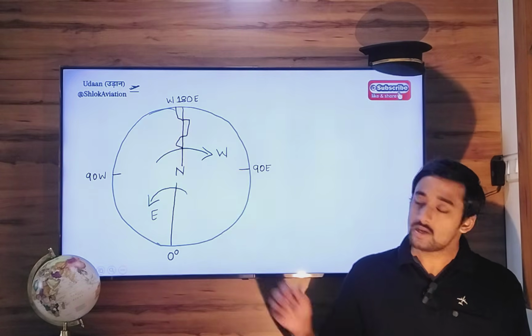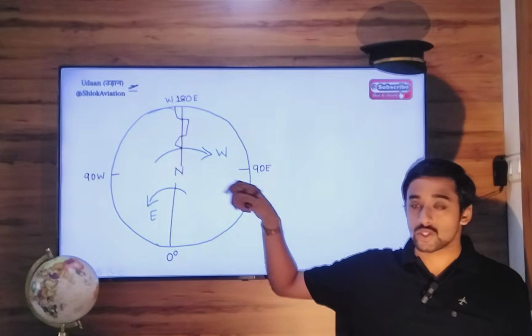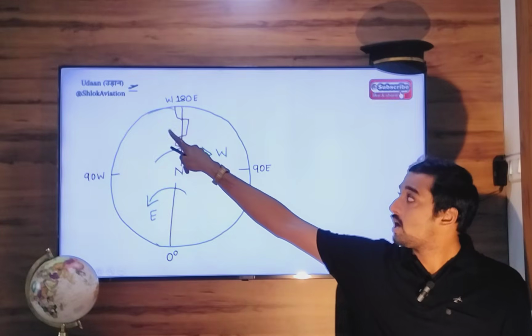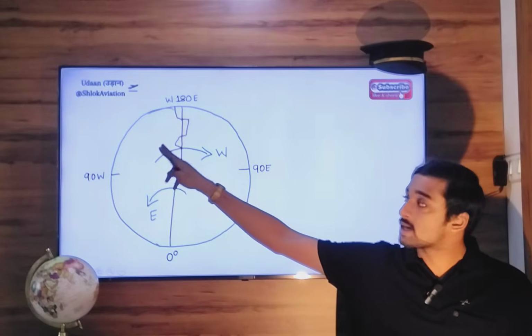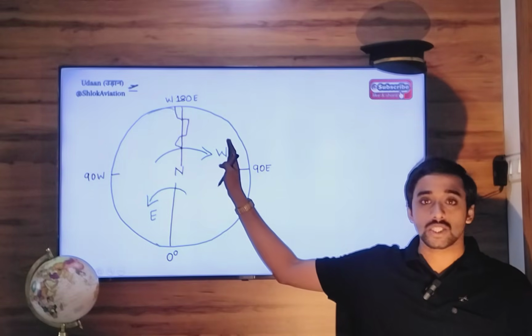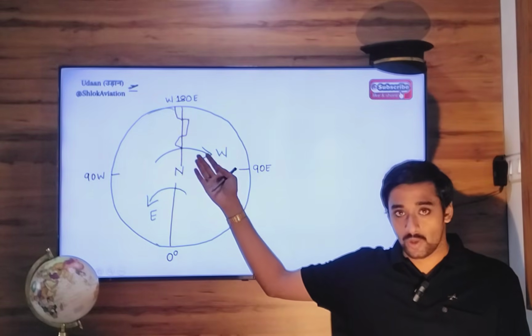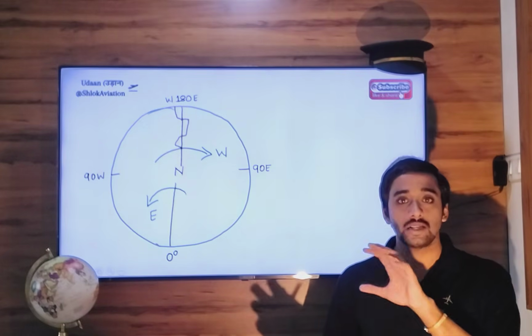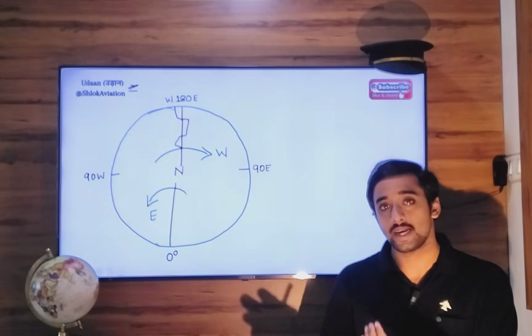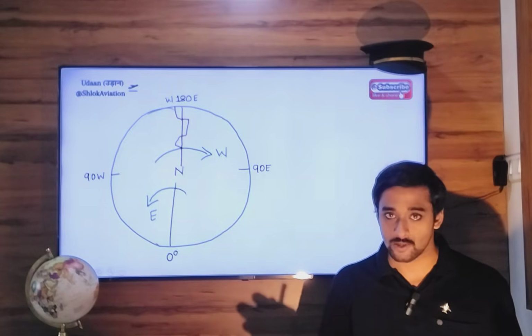So when you travel in a westerly direction across this 180-degree west-east anti-meridian or international date line, you will enter the new hemisphere, which is the eastern hemisphere. Now we all know, we have learned this in the time chapter many times, that eastern longitudes are well ahead in time compared to the western longitudes, right?